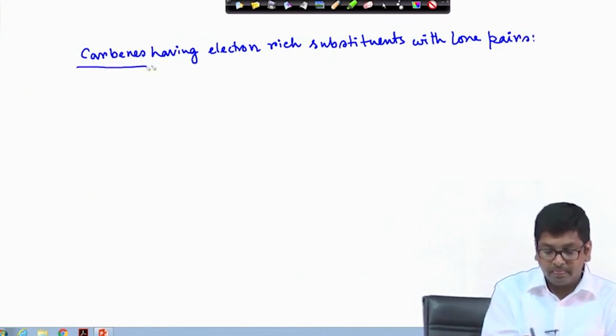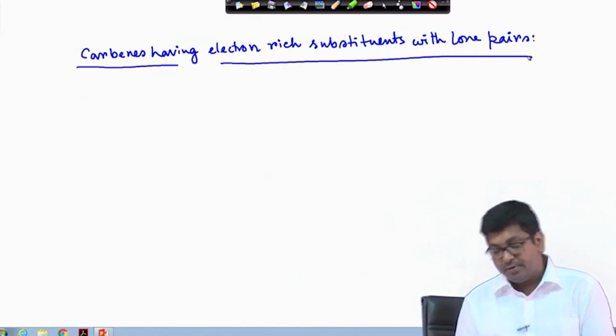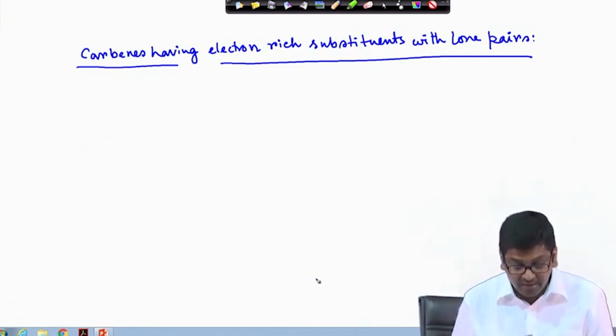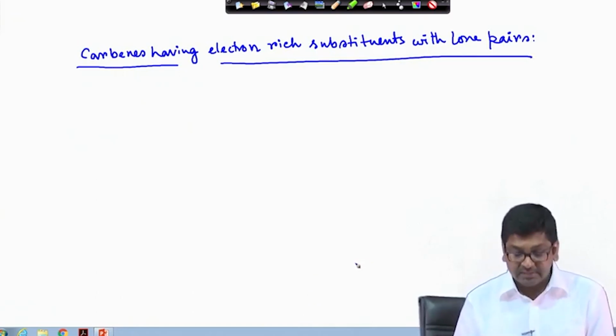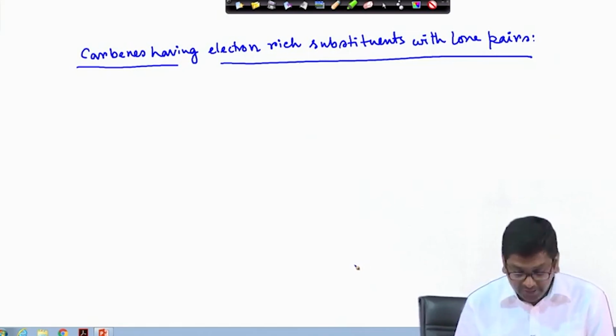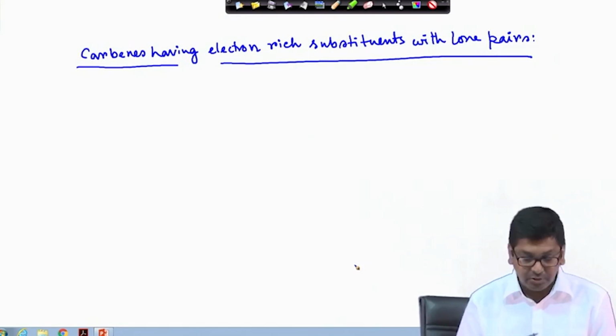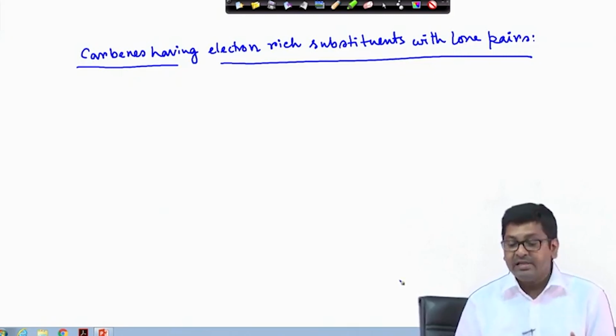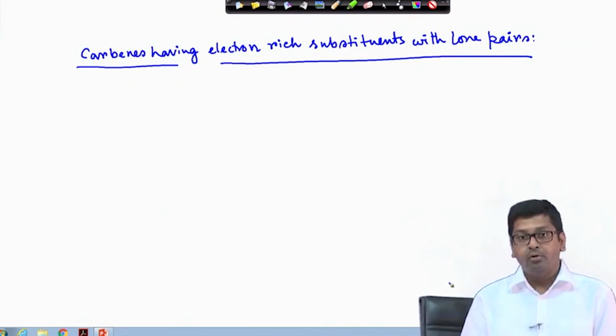Okay. So, previously what we have learned? We have learned carbenes having sigma electron donating substituents. Now, what will we learn? We will learn carbenes having electron rich substituents with lone pairs.